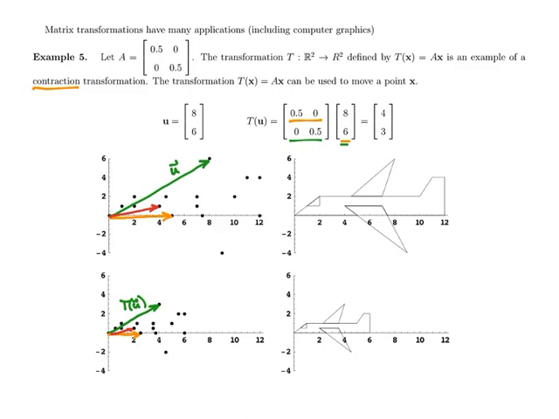So the way this computer graphics thing works is we have a scatter plot of points. We just have a bunch of points. And we can connect those points in some way to draw a picture, in this case, a plane. And if we multiply all these vectors, all these points, by this matrix, that's the same thing as taking that image and making it twice as small.